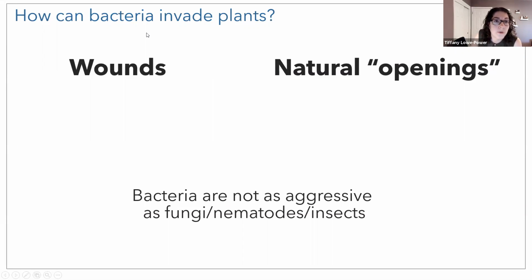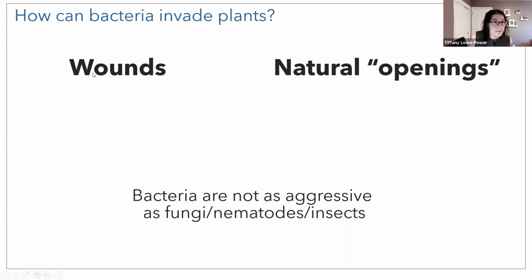Okay, so we know that there's food available for bacteria and other microbes on plants, but how do bacteria actually invade plants? This could be invasion by pathogens, but there are also some non-pathogens that will have these same strategies and similarly invade plants.